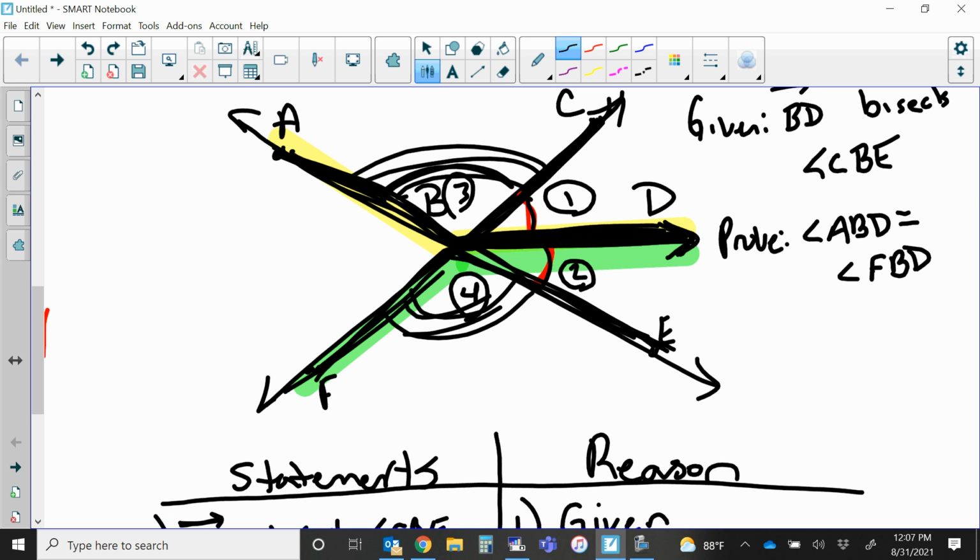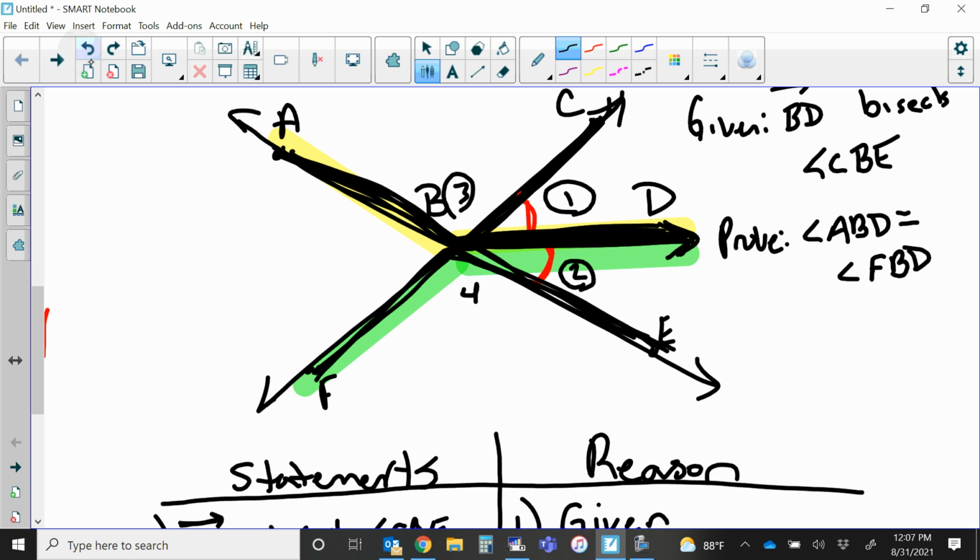Well, how can I prove that angle 3 is the same as angle 4? Which, by the way, we can't draw in there. I'm just showing you that. How would I show that those two are the same? Come on, we just proved it. How come I know this angle up here is the same as this angle down here?